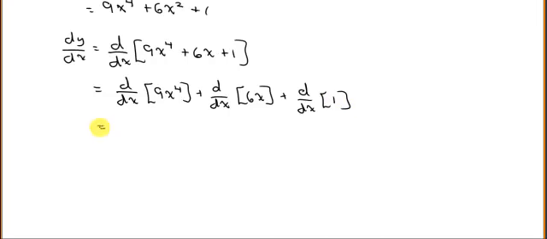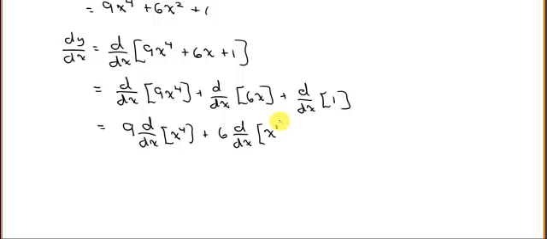And this, of course, would be 9, we can take the constant factors out, 9 times the derivative with respect to x of x to the fourth, plus 6 times the derivative with respect to x of x, and I'll call that x to the first, plus 1 is x to the 0.